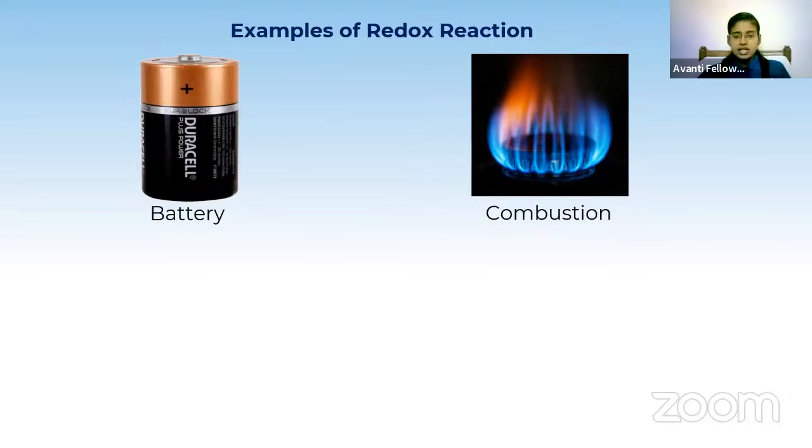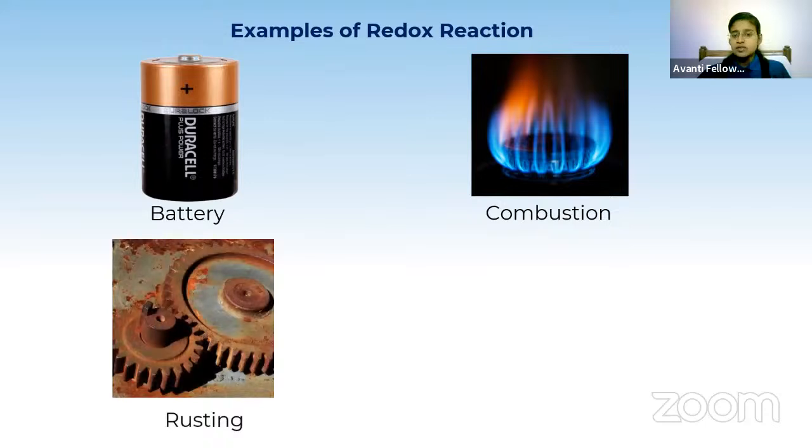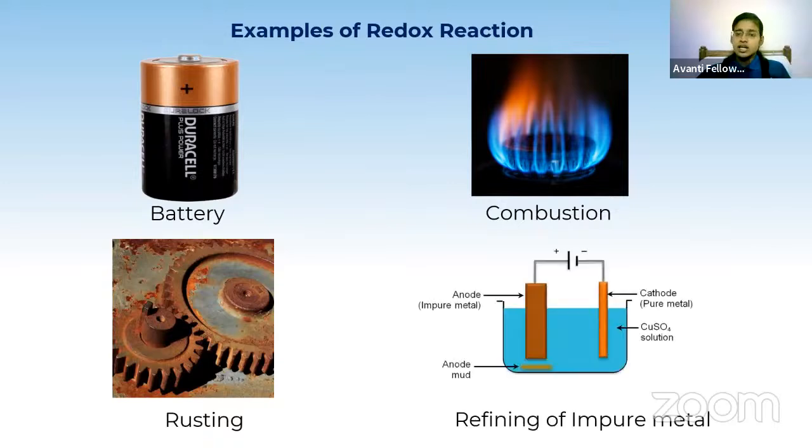In case of rusting, oxidation takes place there, so it is an example of a redox reaction. And the refining of impure metal. All these are some of the things where redox reactions take place.